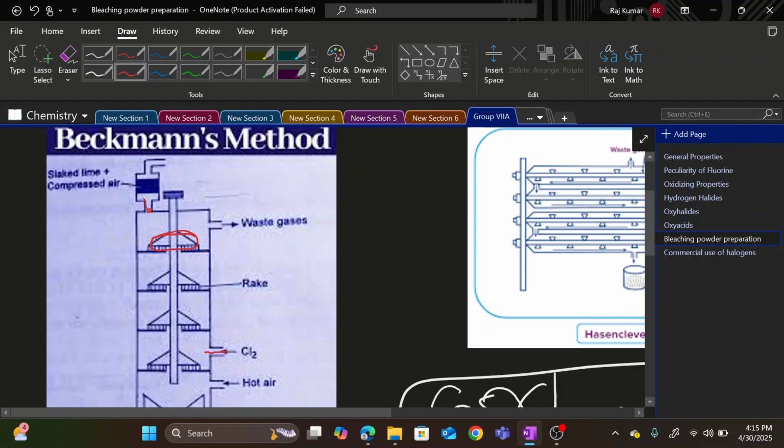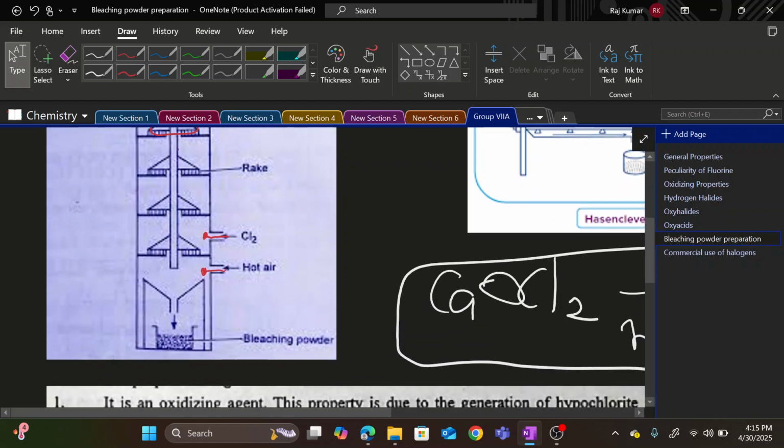Chlorine gas enters from the lower cylinder, and slaked lime from the upper cylinder. Alongside that, hot air is also inserted from the lower cylinder. Both of these mix together by rotating the rotor, and produce the bleaching powder, calcium hypochlorite, which is collected from the outlet.